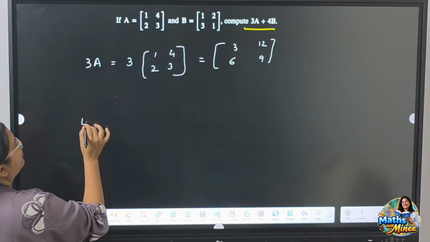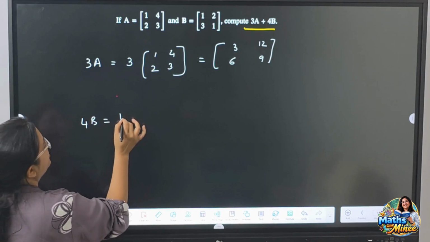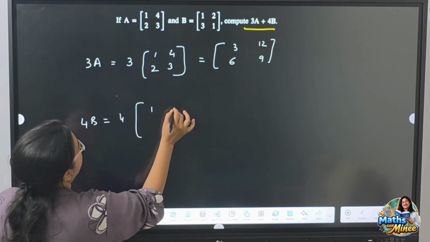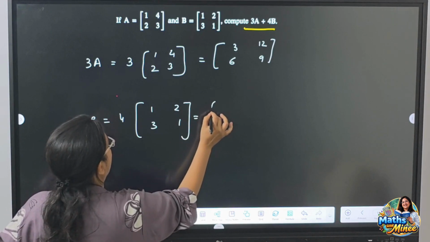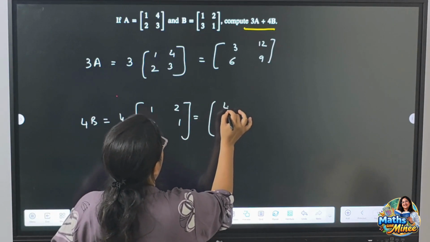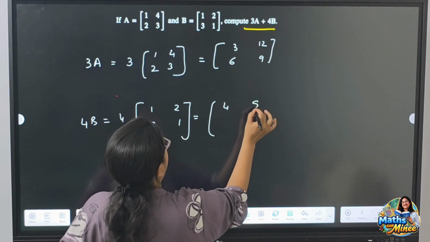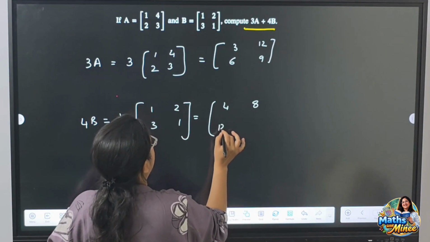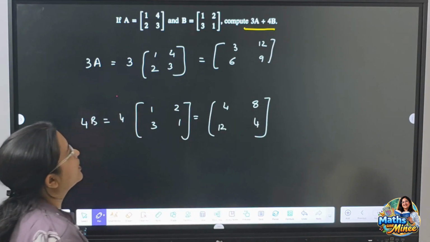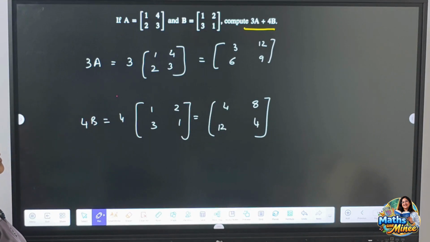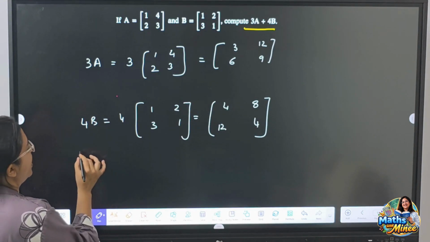Now when you have to find 4B, simply we will multiply 4 with 1, 2, 3, 1, and now we can write down the answer, that is 4 times 1 is 4, 4 times 2 is 8, 4 times 3 is 12, 4 times 1 is 4. We got the matrices. Now we just have to add them.